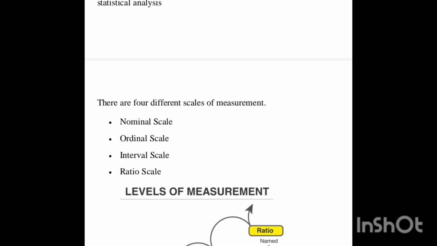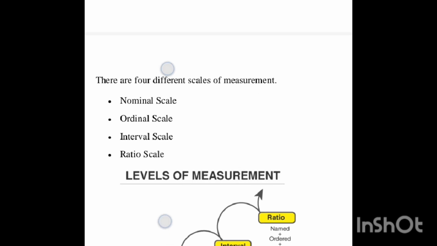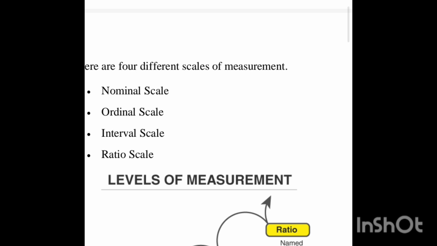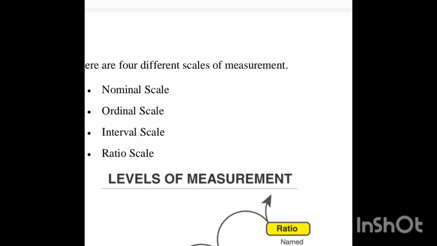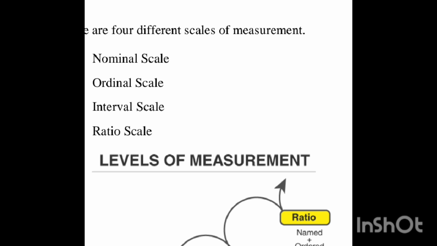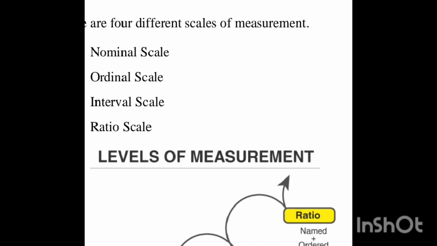There are four different scale of measurements. They are called nominal, ordinal, interval and ratio. Level of measurements can be shown here, that is nominal: named variables; ordinal in the sense named plus ordered variables.